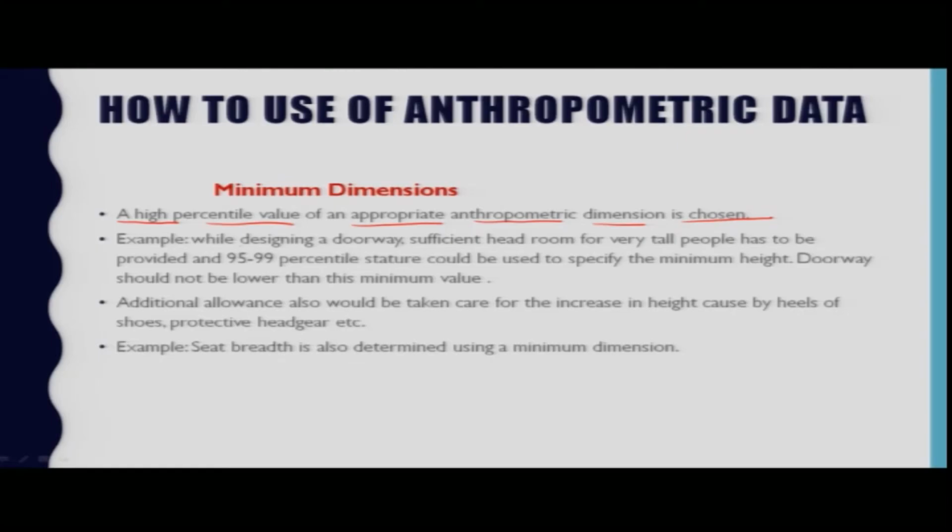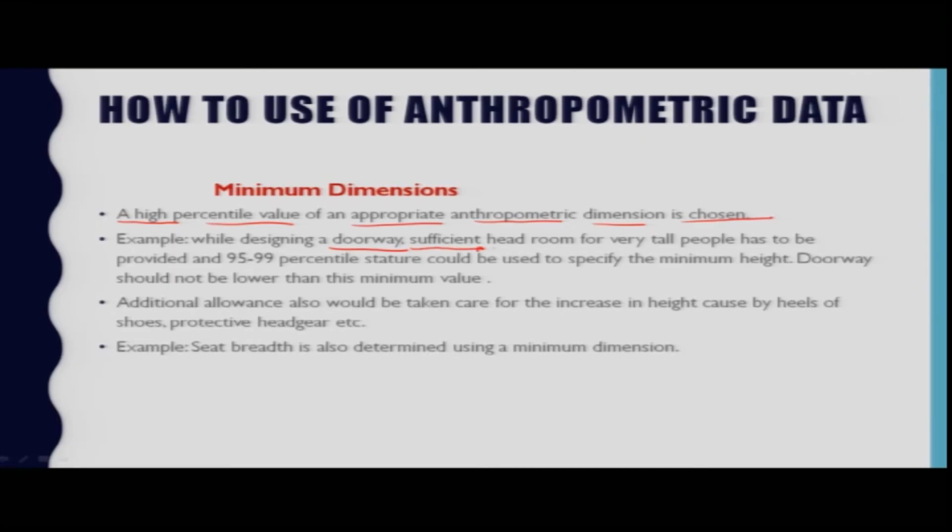So, let us have an example of a doorway. Everybody is sitting in a room, and that room is having a doorway. Suppose you have been given a task to design a doorway, so what could be the possible measurement and what could be the possible criteria that you need to take care of.